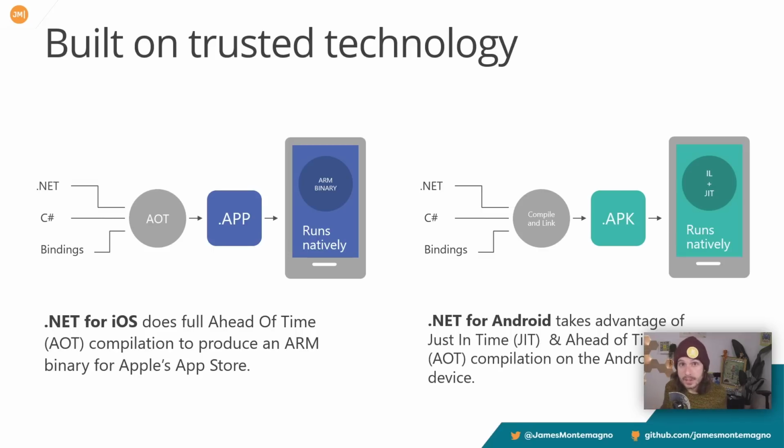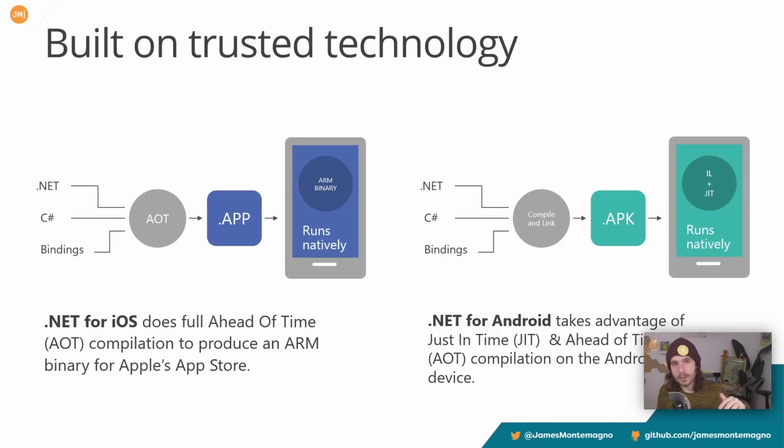This was previously Xamarin.iOS, Xamarin.Android, and Xamarin.Mac. These have highly optimized runtimes that are super performant on those individual platforms. On iOS, for example, when you compile your application, you do a full ahead-of-time compilation on your application.